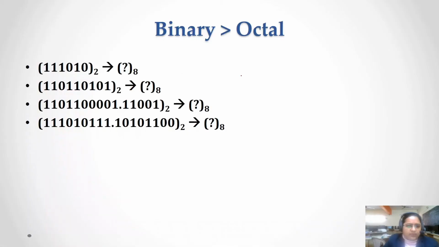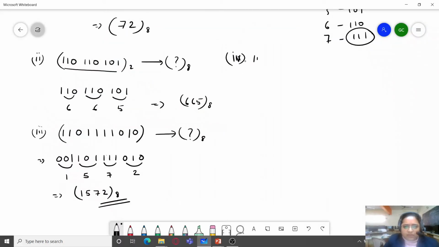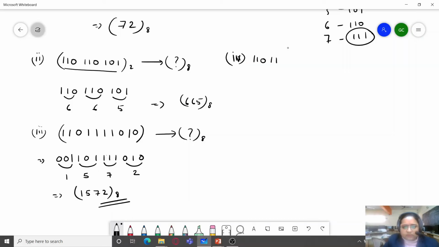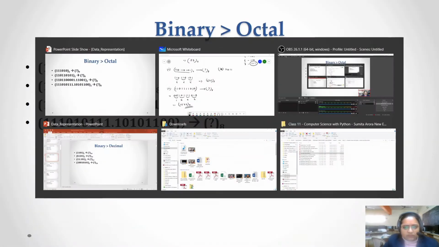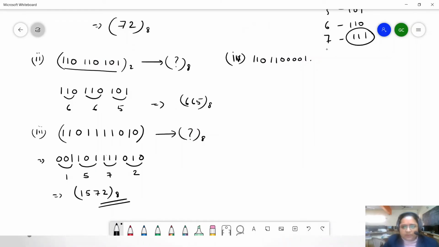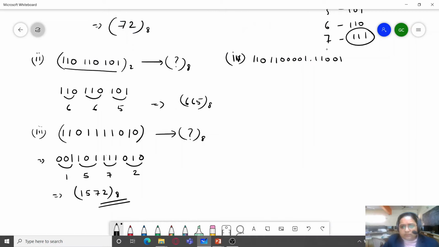Let's see the next one. Now here the next one contains parts after the decimal point. So let us take this one. It is 110 point. Let us first write them.